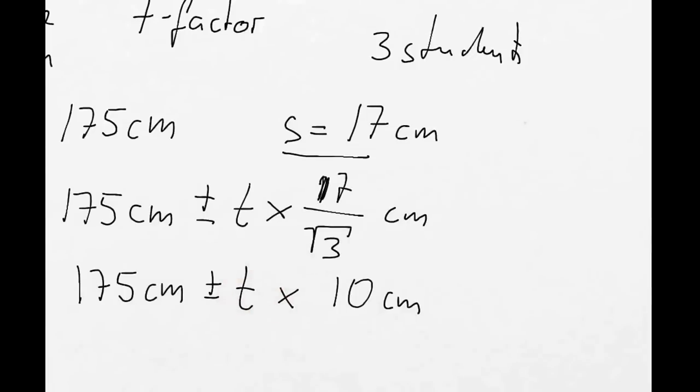And I told you this T is not a fixed number. This T depends on a number of things. It depends on how certain I want to be. So it depends on the certainty.